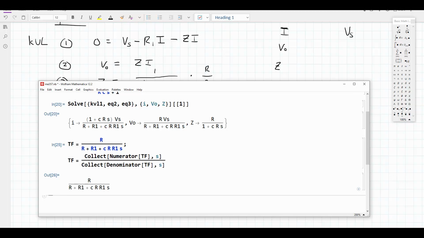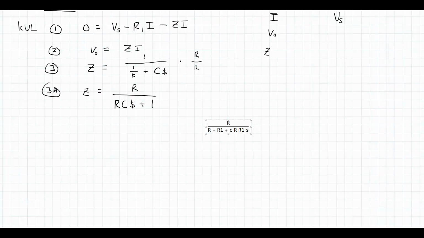So I'll take this and I'll finalize this example. Not too much cleanup to do, but I now have my G is Vout over Vsource, or Vs, equals, and now I just want to transcribe what I just found. Again, descending orders of s is the only real difference here. So I have an R1 C times s plus R plus R1.